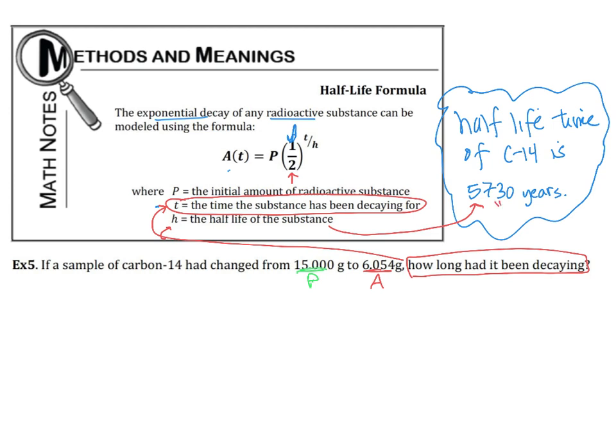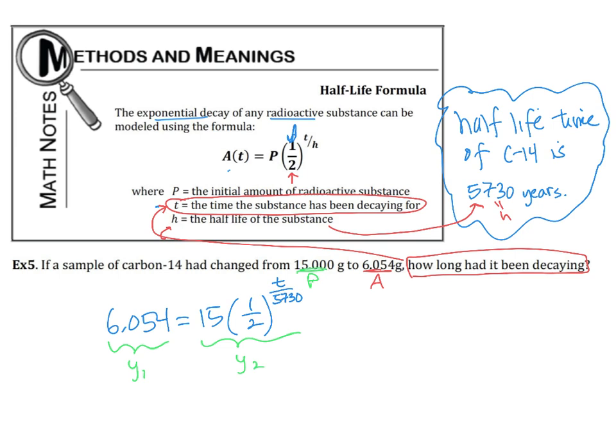So now all I'm going to do is plug it in, use my calculator to solve, and I'm done. So I have 6.054 is my final amount. I started with 15. It's halving itself. I'm trying to find the T, and I know that the H is 5,730. So really your only choice is to put in y sub 1, y sub 2, and find the point of intersection.